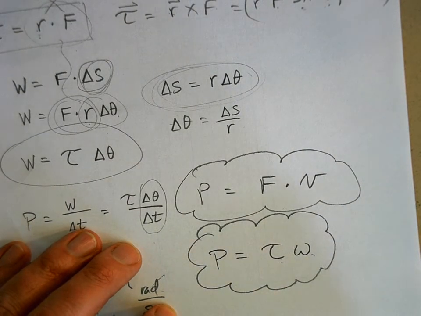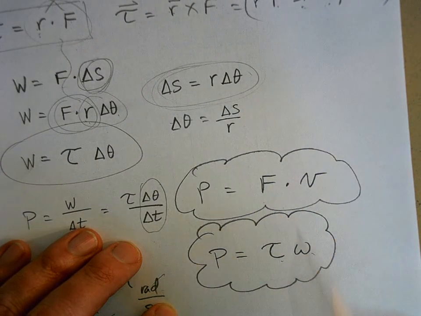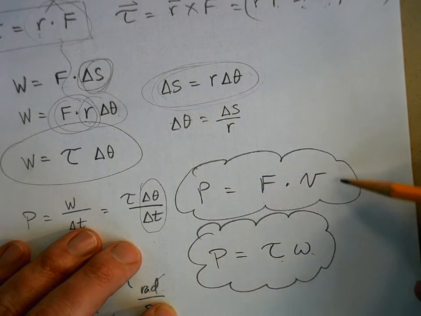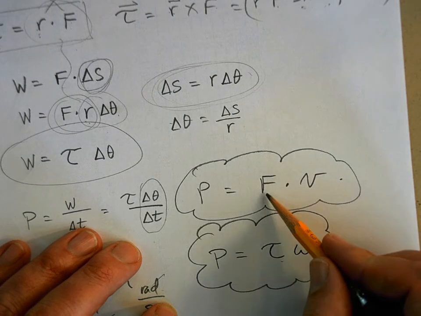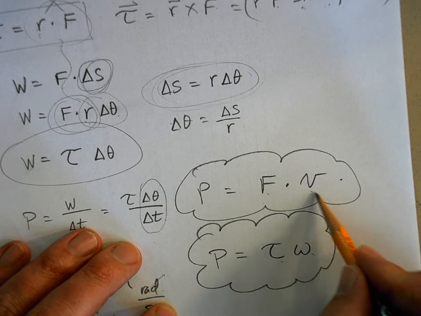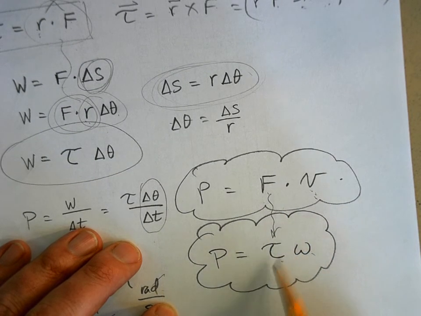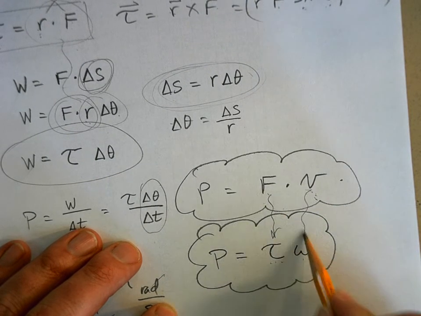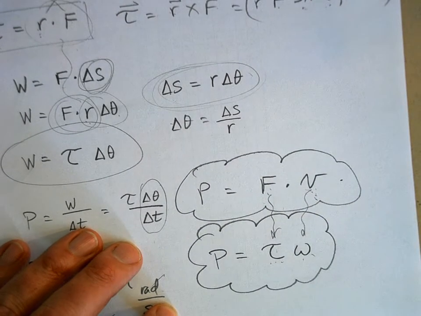And this is a very common thing you'll see, an analogy between linear systems and rotational systems. Here, a force is applied to an object going at a certain velocity, or a torque moving at a certain angular velocity. So force and torque are analogous. Velocity and angular velocity are analogous.